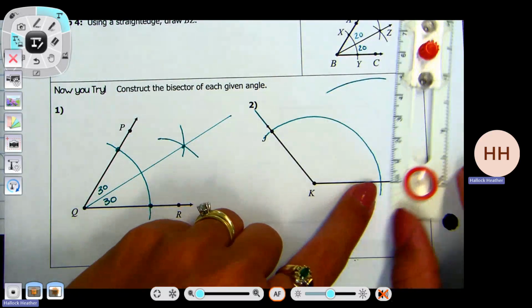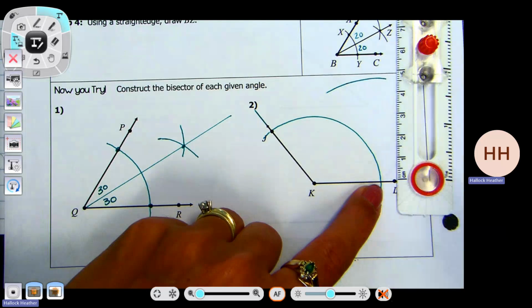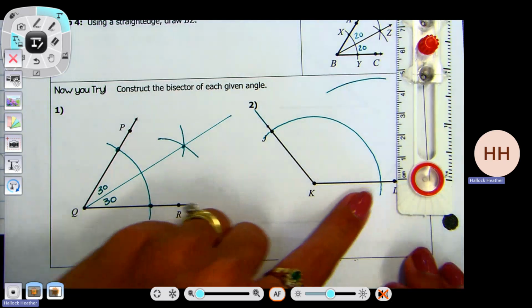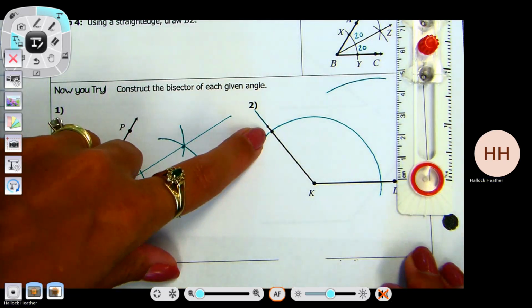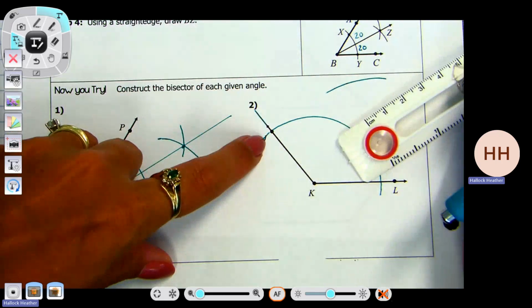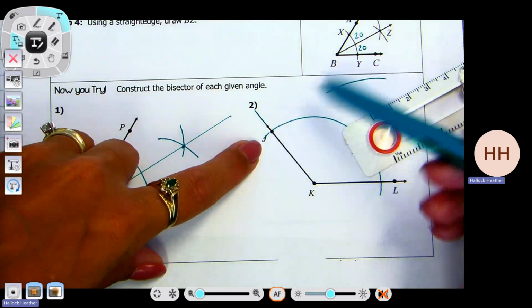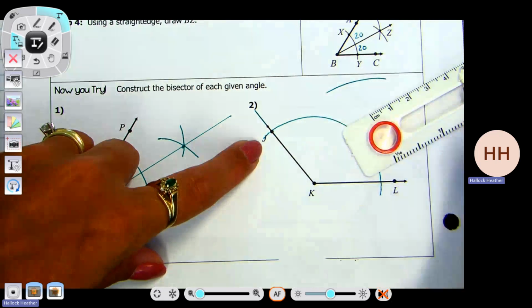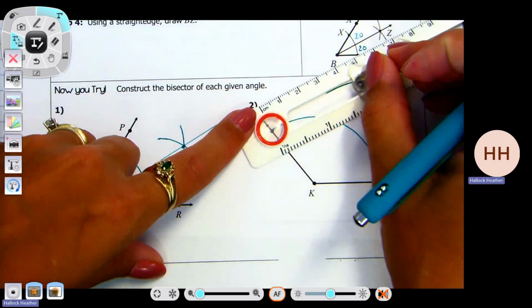I put the needle here and made an arc going out. You want your arc to be towards the middle of his mouth because he is moving right along and he's going to eat it. Once I make this arc, I'm going to slide it over and do the same thing on the other side. You're not using point J, you're using wherever your arc connected with your angle. Mine just so happens to be point J. It's a coinkydink.